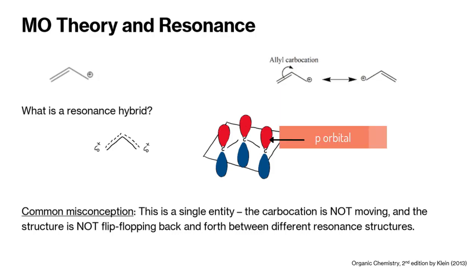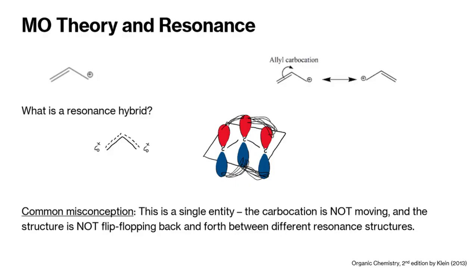You can see that represented in the MO drawing that I tried to show you guys, where there's this overlap across the top, where these are all overlapping, and then there's also an overlap across the bottom here. And so the pi electrons that are involved in the double bond are spread throughout those p orbitals.